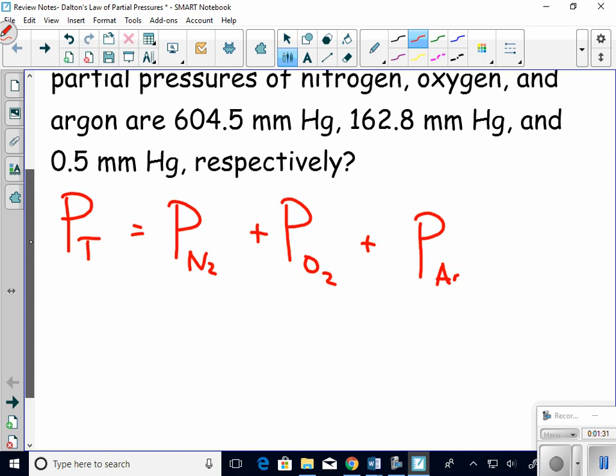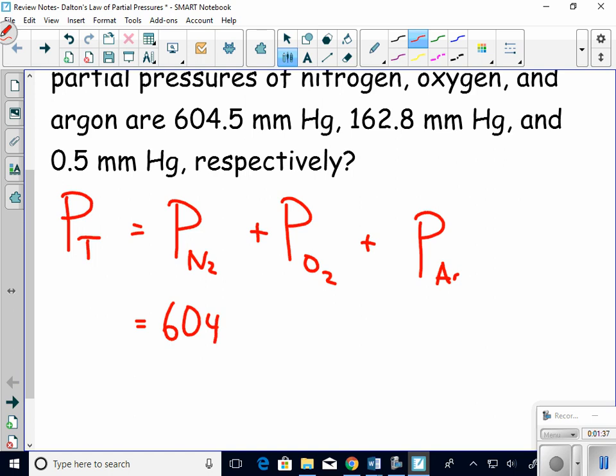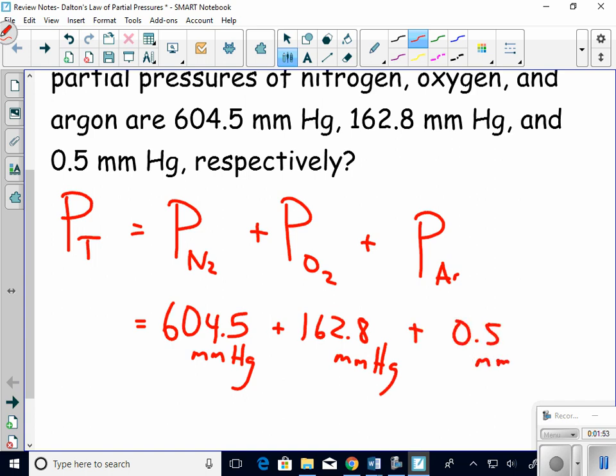So if I look, the total pressure should be 604.5 millimeters of mercury plus 162.8 millimeters of mercury plus 0.5 millimeters of mercury.